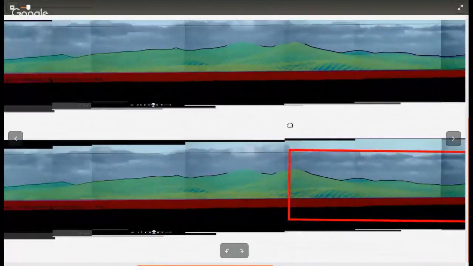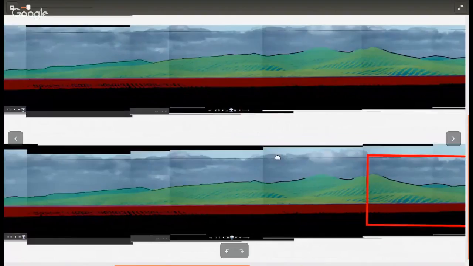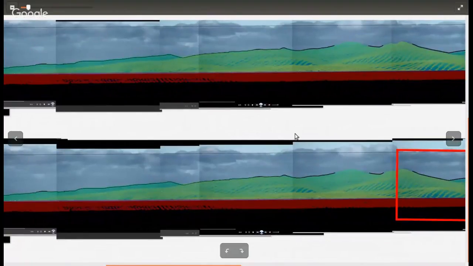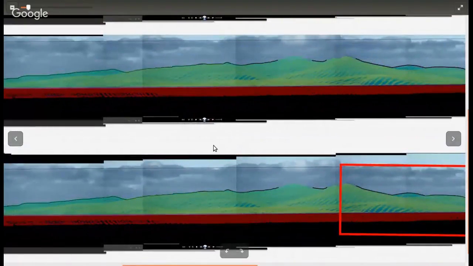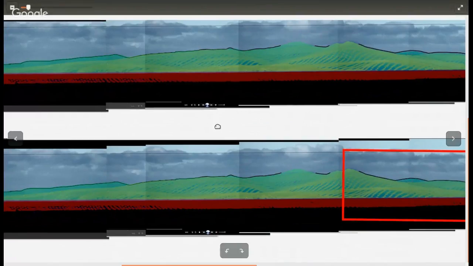So there you have to be a little bit careful about the effects of this inversion layer. The inversion layer can actually make this value smaller than it would be under standard conditions, as far as I can tell. Well, okay, it can make it either much smaller or much larger, depending on the temperature of the ground.